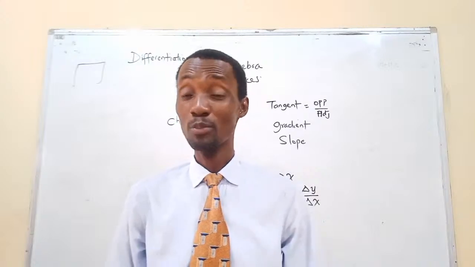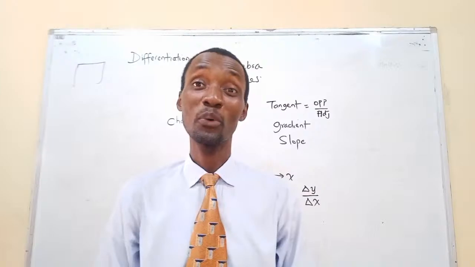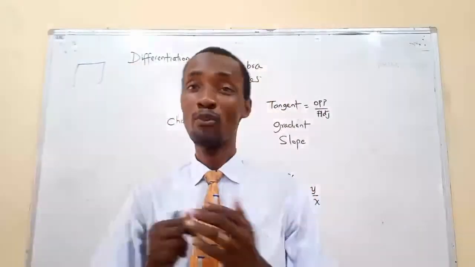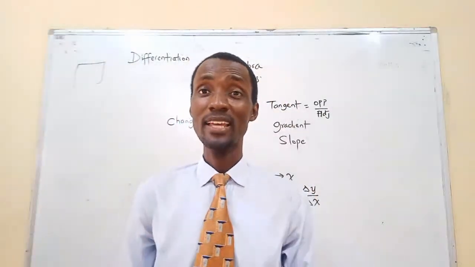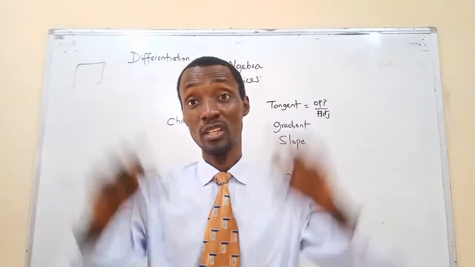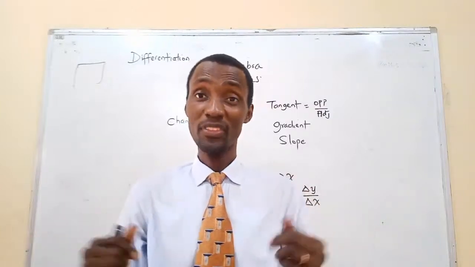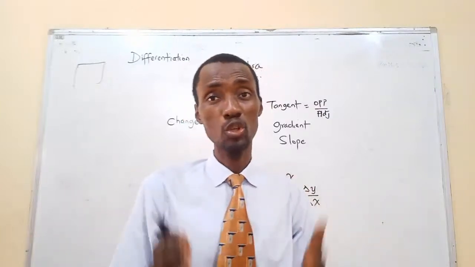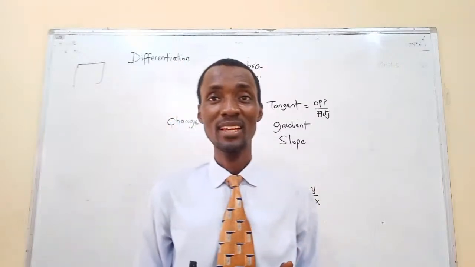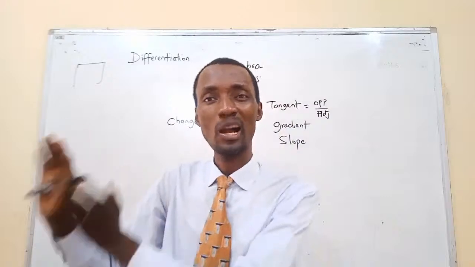I said it's going to be a very short video, just to whet your appetite for what is to come. So, let's have a recap of what I've talked about. I said to understand differentiation, you must have an idea of a subject called mathematics. And in mathematics, there are three areas: algebra, geometry, and arithmetic, which all help you understand what is called calculus.